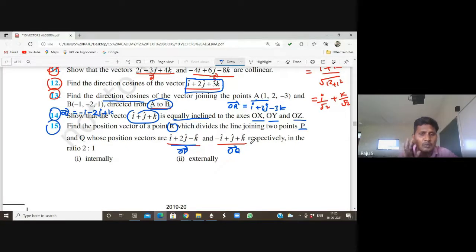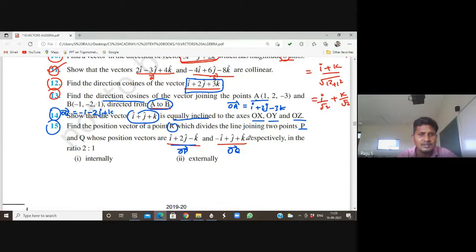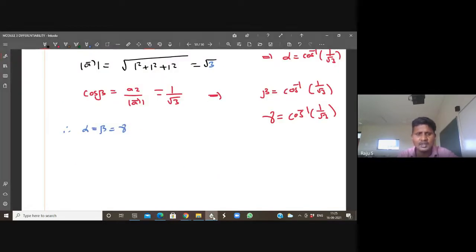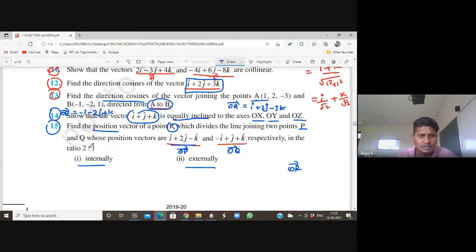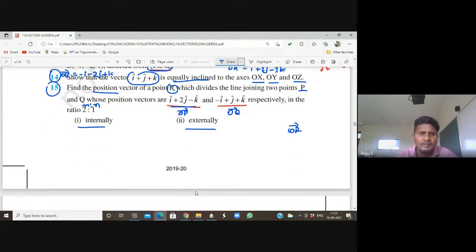Here OP vector is given, OQ vector is given. They are asking to find the position vector of R, that is, we have to find OR. This is internal, external division. It's a very simple formula, students. So take the ratio as m is to n. Now, can you tell me what the section formula in geometry is?